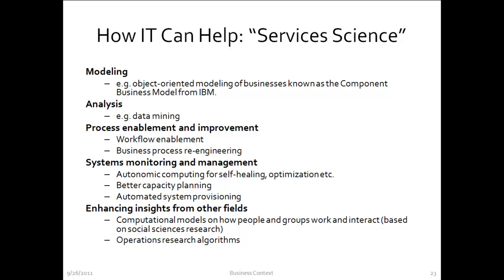Okay? The next way is IT can help essentially by systems monitoring and management. So all your IT systems and your human systems can use a technique known as autonomic computing for doing self-healing and optimization. You can do capacity planning. How big a system do you want?